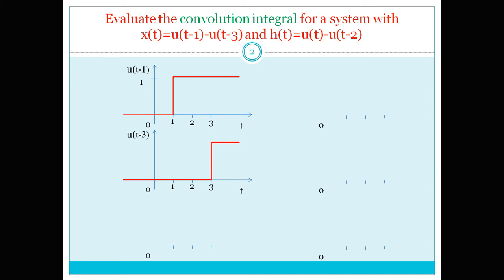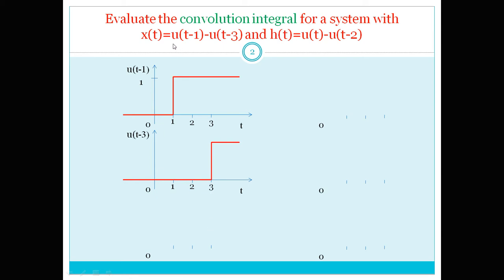From minus infinity to 3 all the values are 0 for this signal, and minus of 0 is also 0, so the same thing remains. But after t greater than 3 its value is 1, so now I multiply with minus 1, so that should be minus 1. So this is the thing.